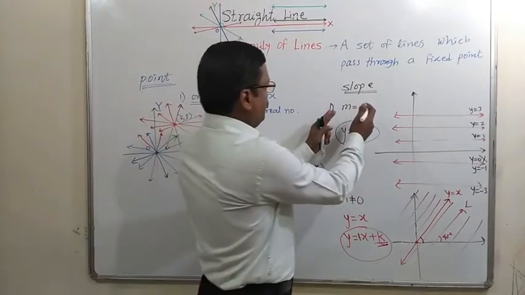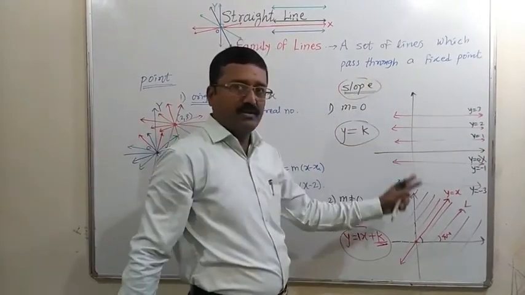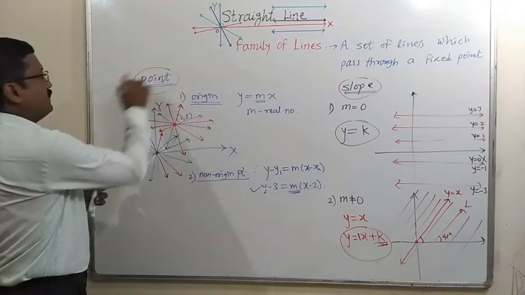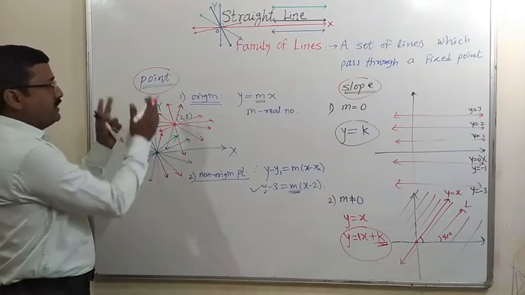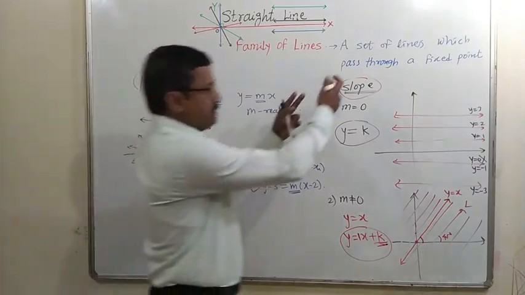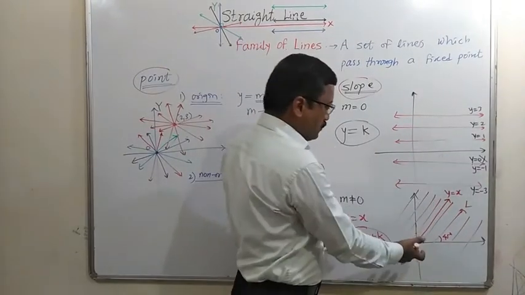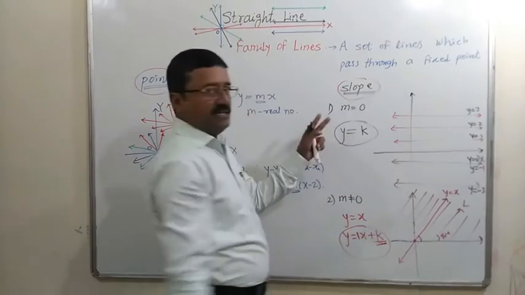So if we fix the slope, then we get a family of lines. If we fix a point, then we get another family of lines having different slopes. Whenever the point is fixed, the slope will be different. If the slope is fixed, zero or non-zero, then the point will be different.